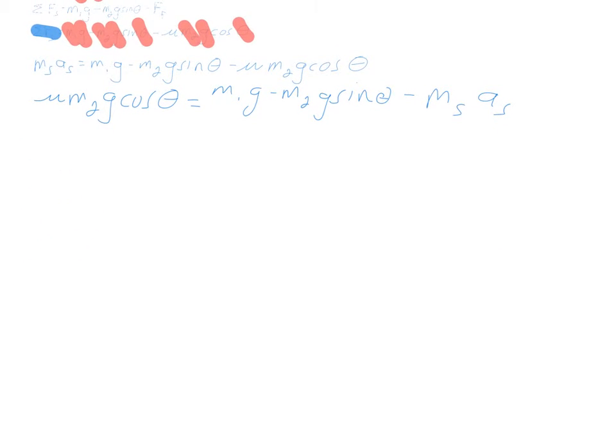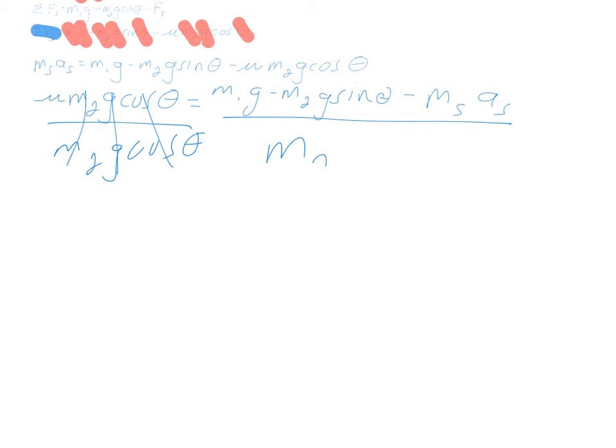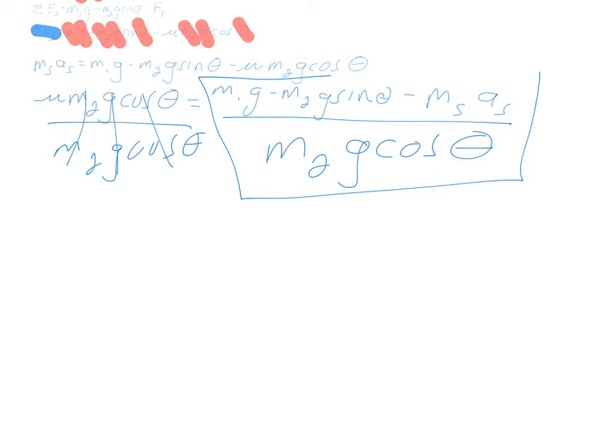And now I continue my algebra to solve for mu. And at this point I have an equation that will get me mu, and I just need to plug in the numbers that we measured.